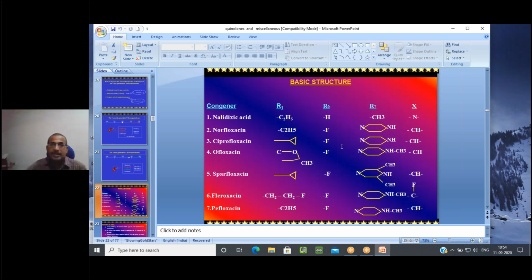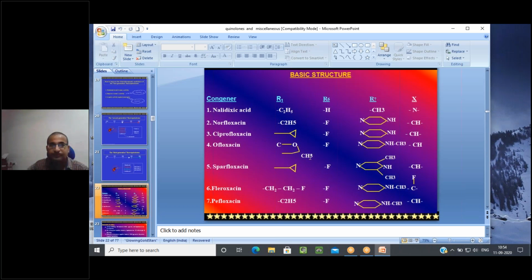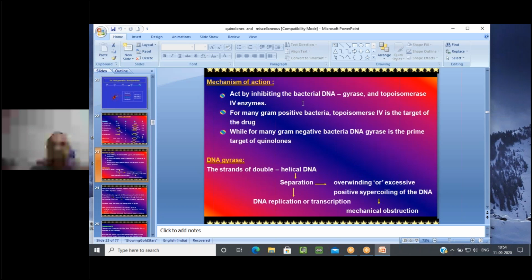Now we come to the basic structure. Everything is in this single slide: congeners at the level of R1, R6, R7, made by modifying the structure. These are the various fluoroquinolones. They act on DNA gyrase.